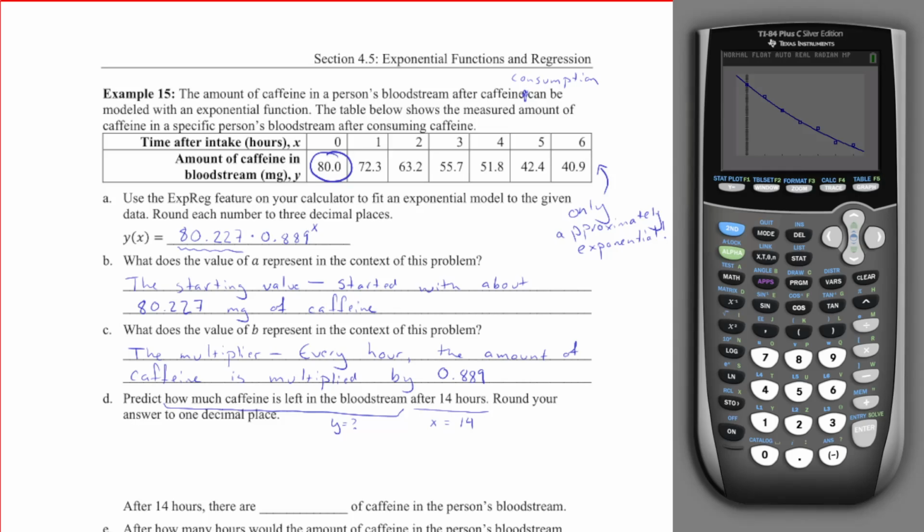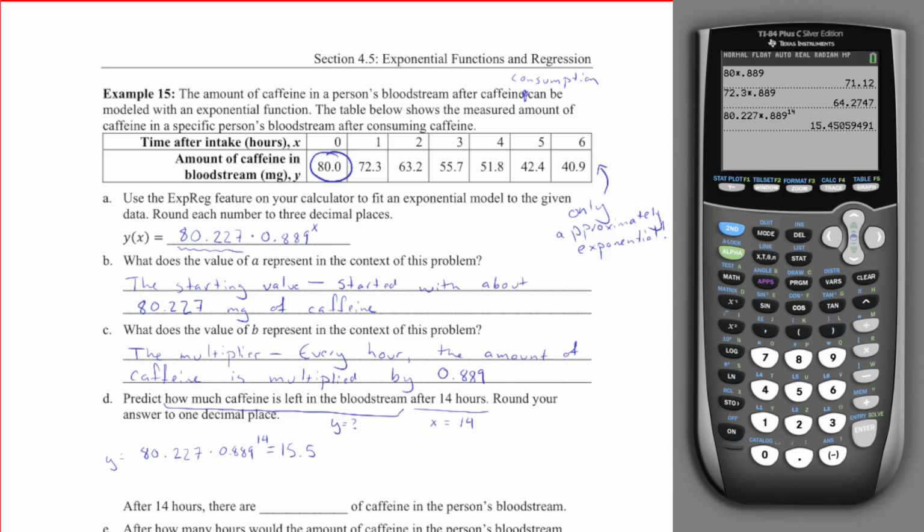So we'll take y equals 80.227 times 0.889 to the power 14. And we get, to one decimal place, 15.5.